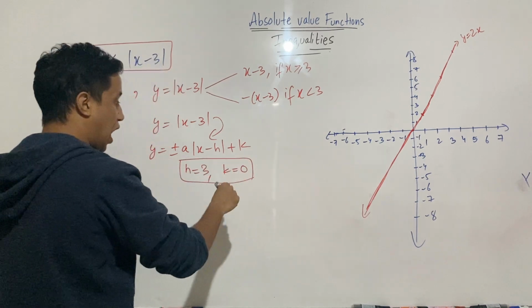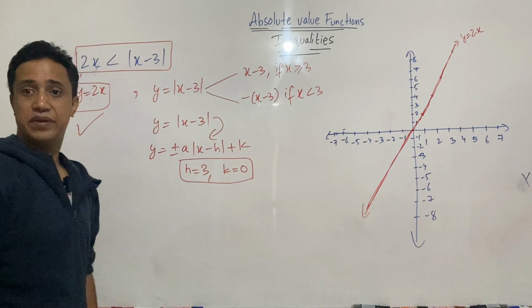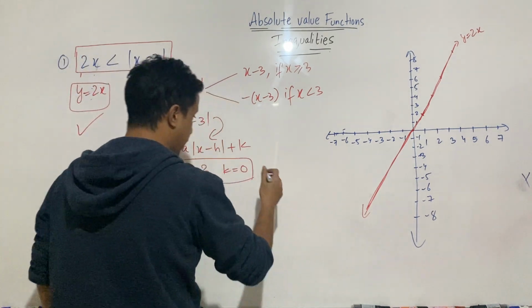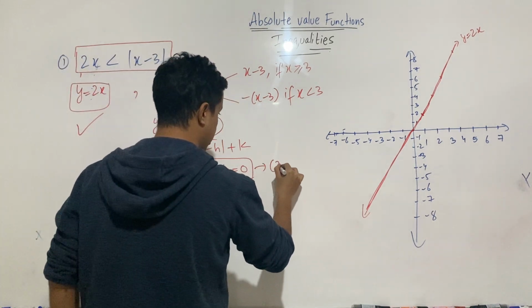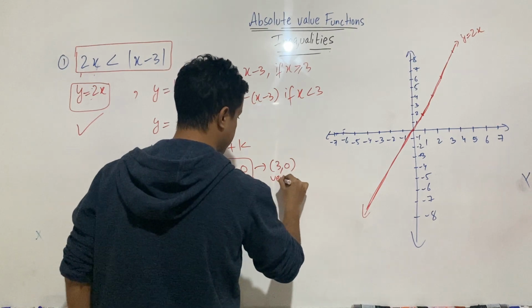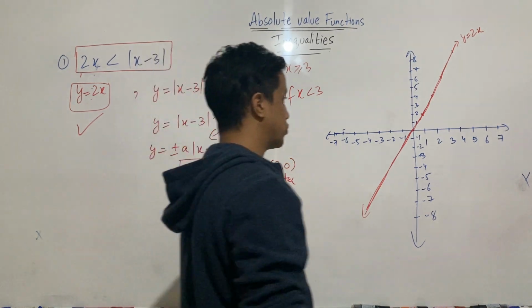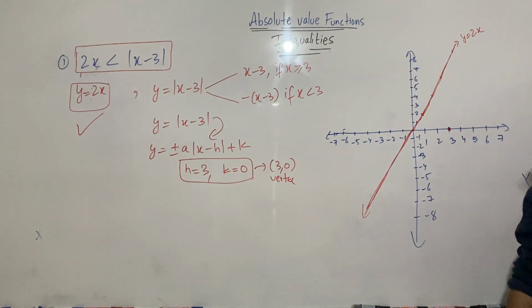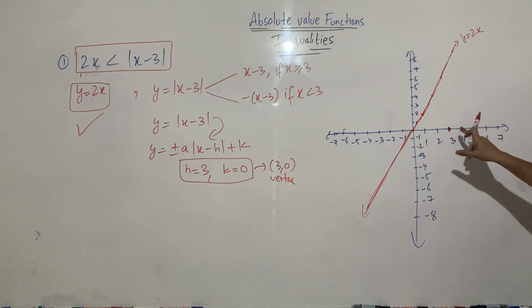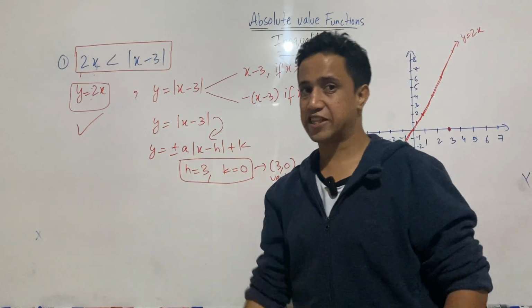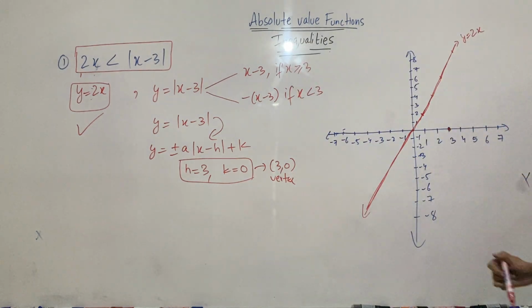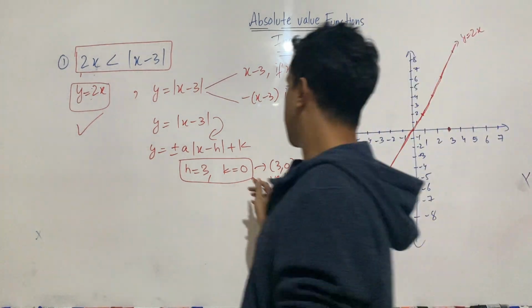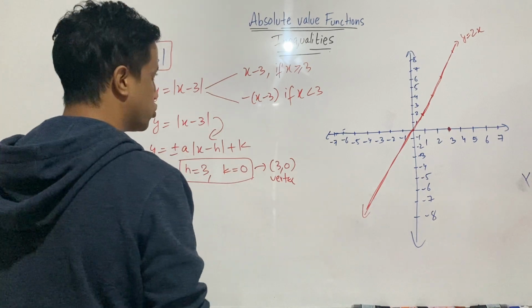In ordered pair, it's going to be 3, 0, which means your vertex is going to be at 3, 0. So this is the point where the vertex has to be formed, right? For this absolute function x minus 3, the vertex is formed here. Okay, so now let's fill it out.